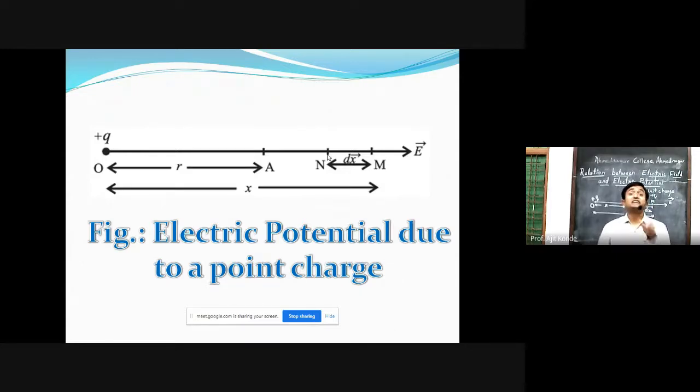We integrate it, which we did in previous derivations. We find the change in electric potential for small displacement dx, and for the whole displacement from M to A, we have to integrate it.